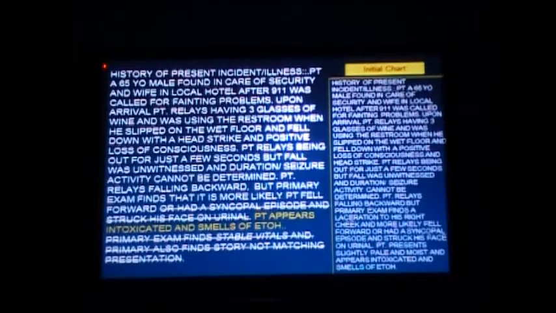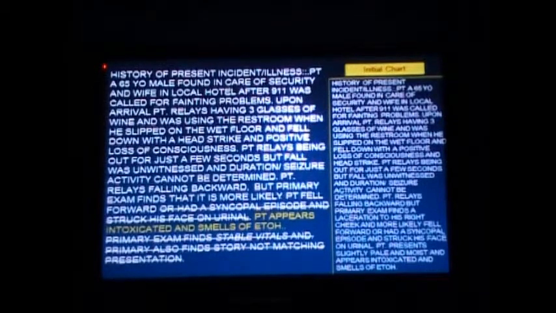So I just put this in here just to mainly see a reaction. I'm sort of okay with it in the context here. They are making some judgments, but some assessment, in light of having 3 glasses, he appears intoxicated and smells of ETOH. Pros and cons, give and take. We could discuss that on both sides of the equation.